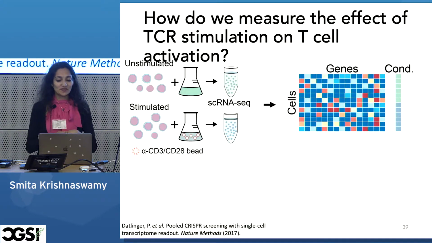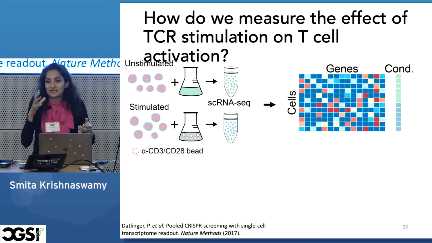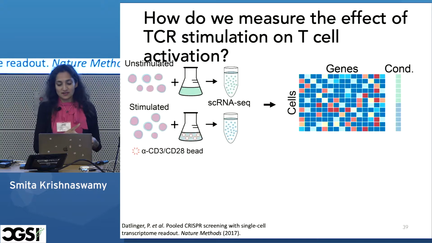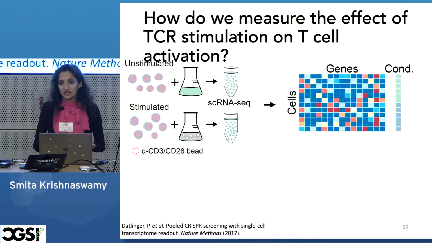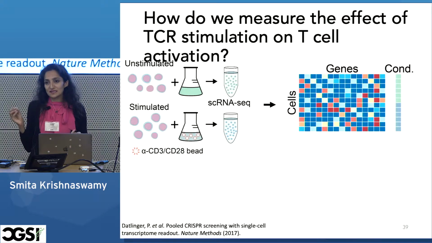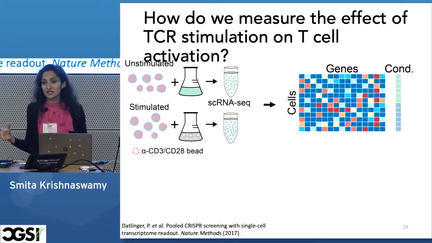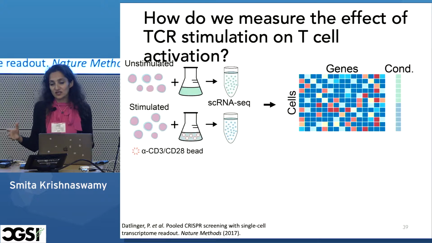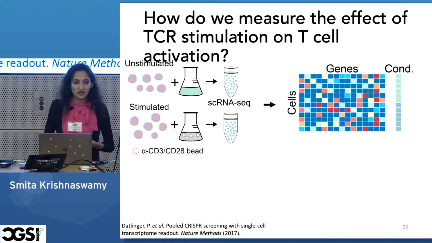And so the basic question is, if you take just some example, you take cells that are stimulated and cells that are unstimulated. How can you tell the effect of this stimulation? If you measure it at a bulk level, you might see some effect, but at the single cell level, many of the cells might be affected, some of the cells might not be affected, and you want this information, otherwise you wouldn't have measured it in single cell, you could have measured it in bulk.